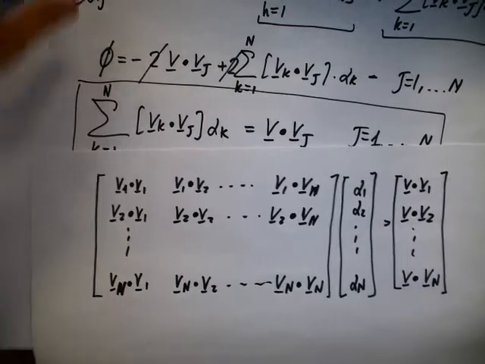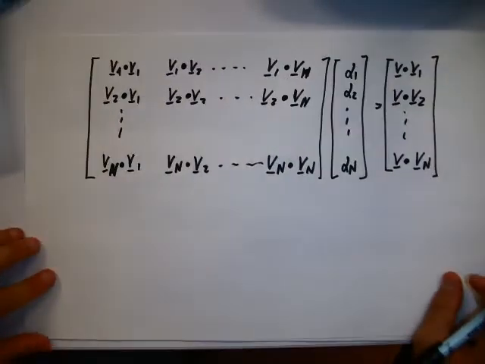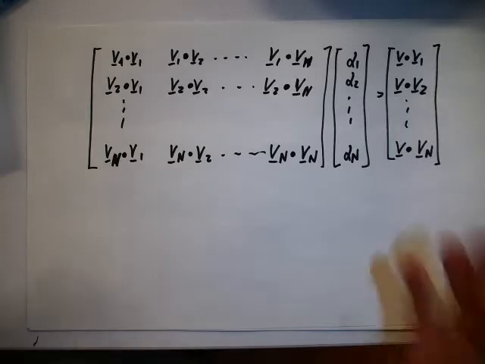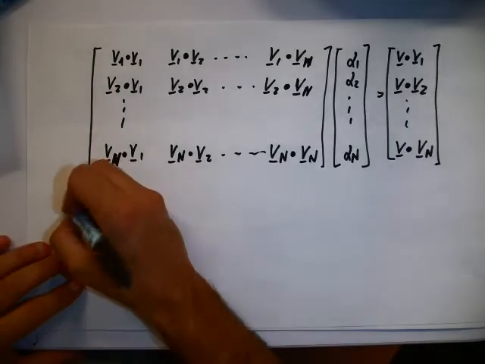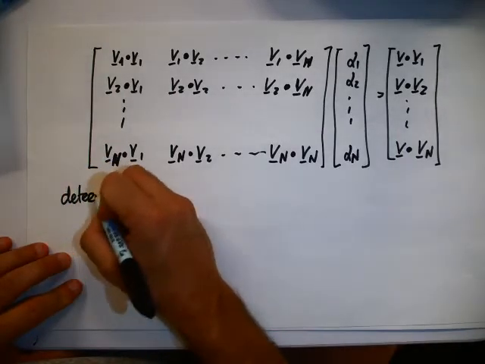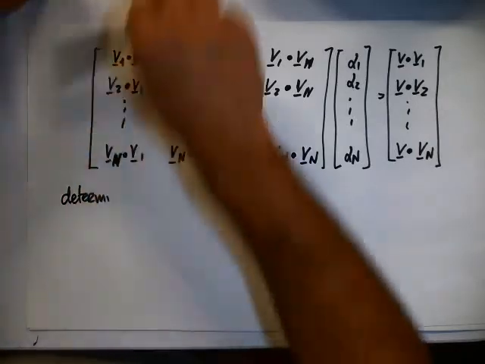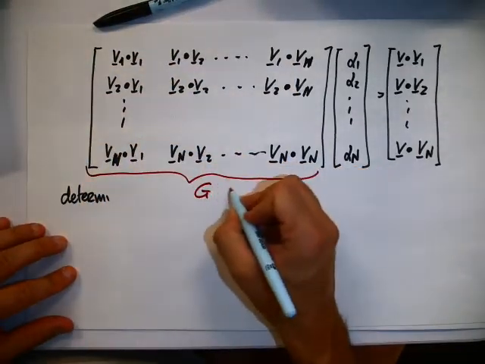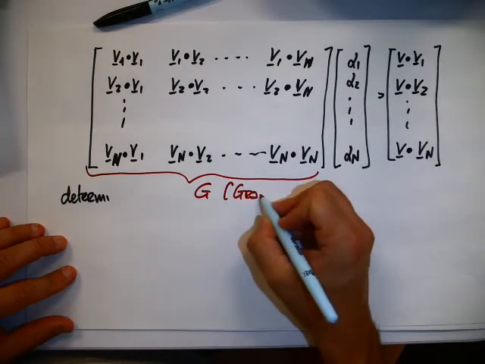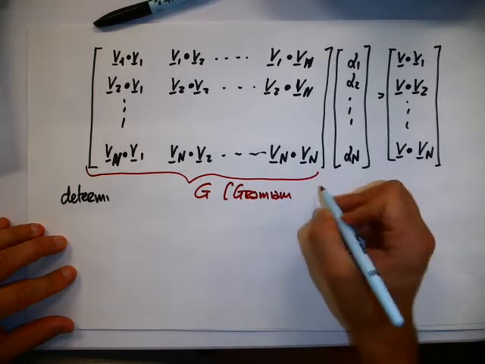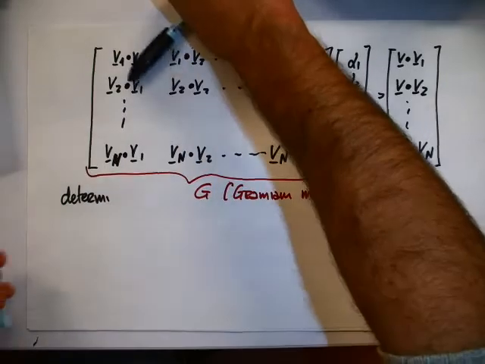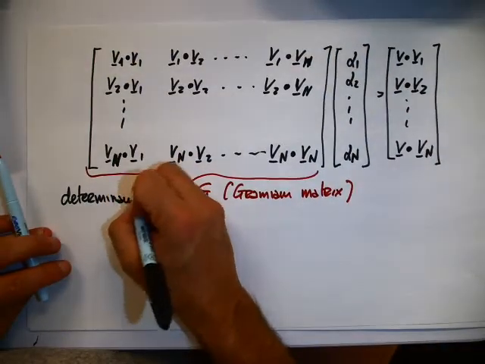Nice. So of course we know that for the system to admit a solution, the determinant of this matrix, that I'm going to call G, which is basically the Gramian matrix from Gram who studied this problem, should be not 0.